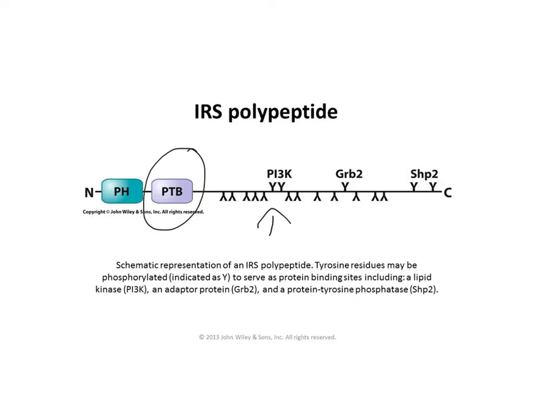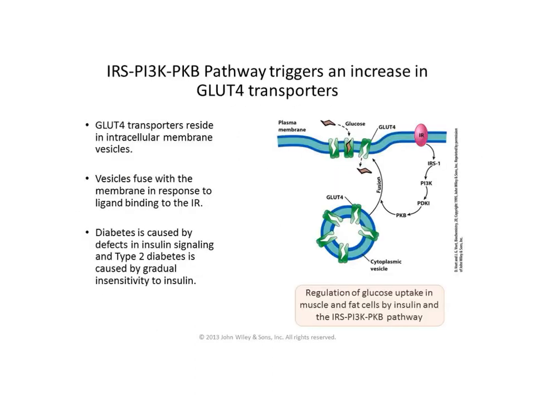And you can see specific phosphorylation sites of these tyrosine residues that are important for binding of specific target proteins, such as PI3K, GRB2, and SHP2, which is a phosphatase.